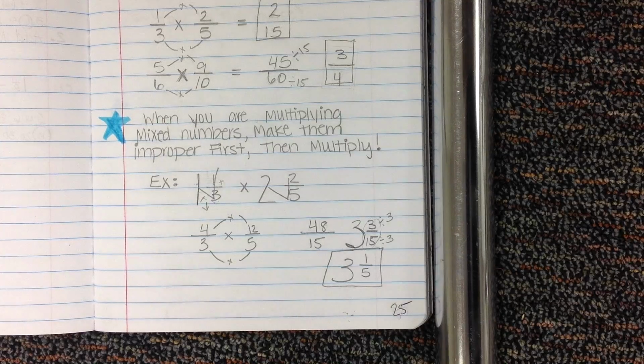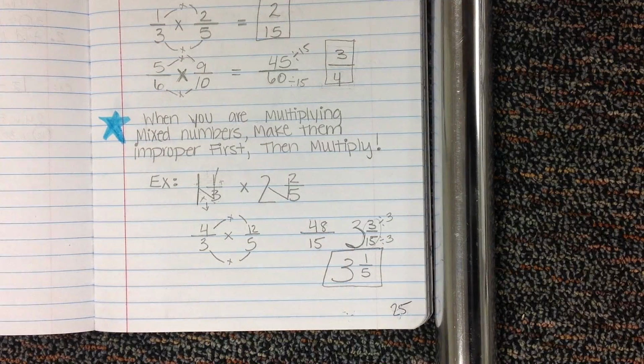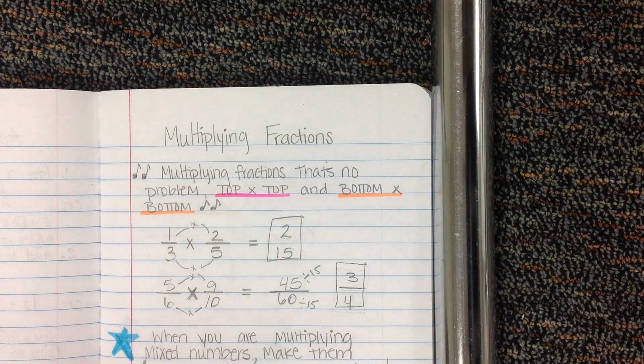Remember, if you watch the whole video, then I would like for you to sing this multiplying fractions to your parents, to a sibling, to someone in your home, and have them sign it.